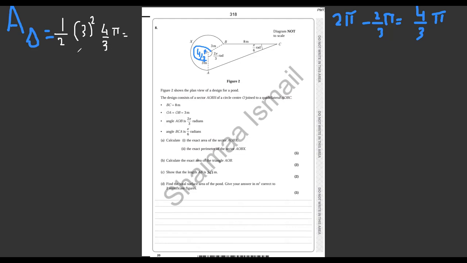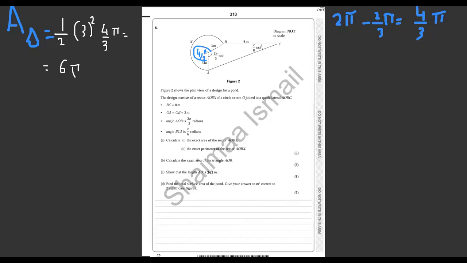So this would be equal to half times 9 times 4 over 3 pi. On your calculator, it would be equal to 6 pi. So here we finish the first part. We get the area, which is equal to 6 pi.